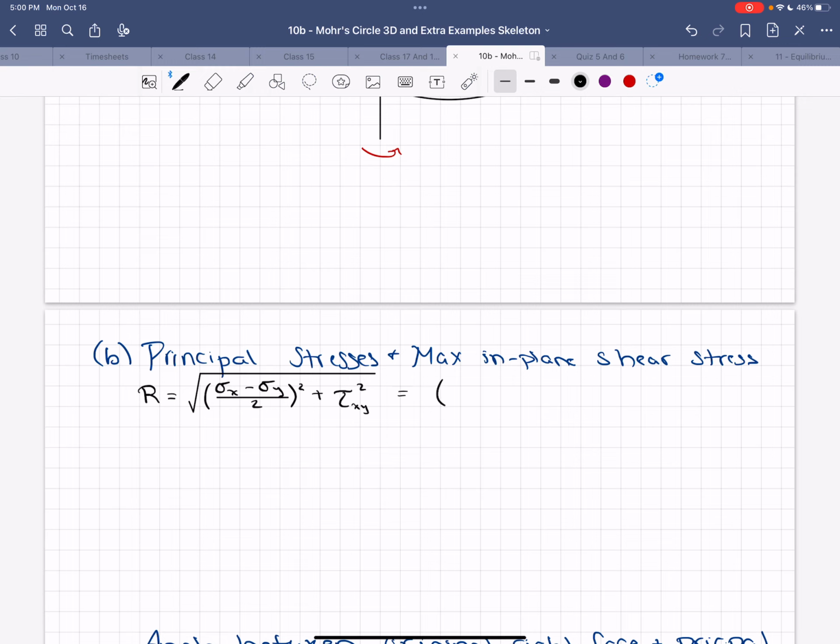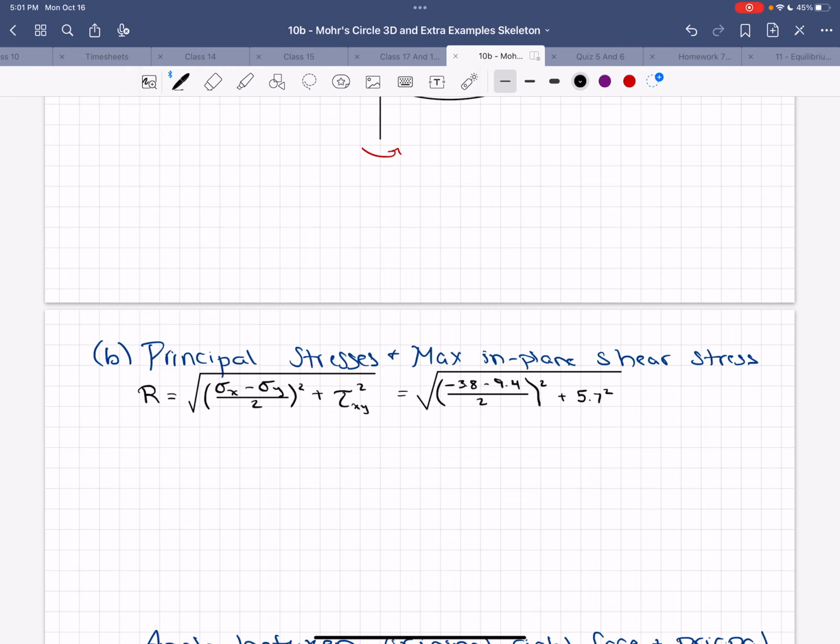We have negative 3.8, don't forget the negative, minus 9.4, all divided by 2 squared plus 5.7 squared, square root of all of that.